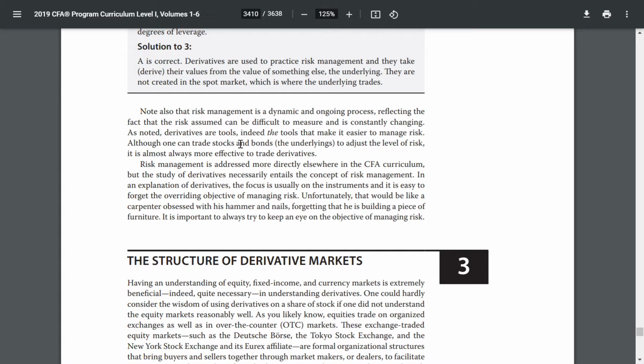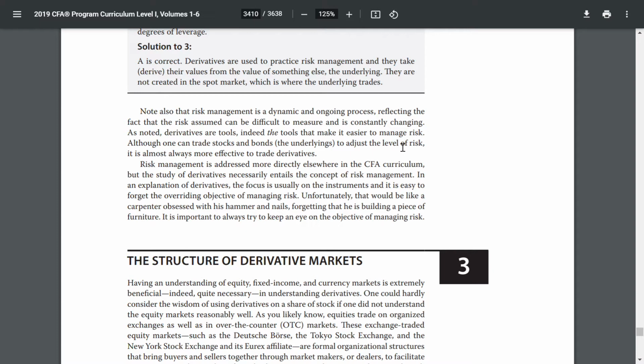As noted, derivatives are tools, indeed the tools that make it easier to manage risk. Although one can trade stocks and bonds, the underlying, to adjust their level of risk, it is almost always more effective to trade derivatives. Risk management is addressed more directly elsewhere in the CFA curriculum, but the study of derivatives necessarily entails the concept of risk management.